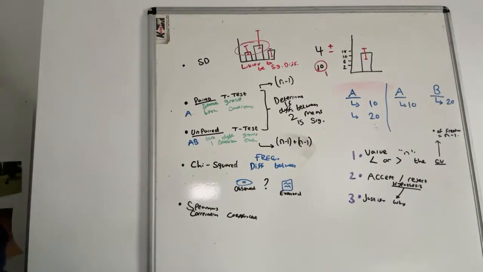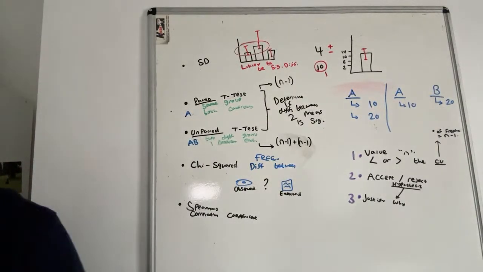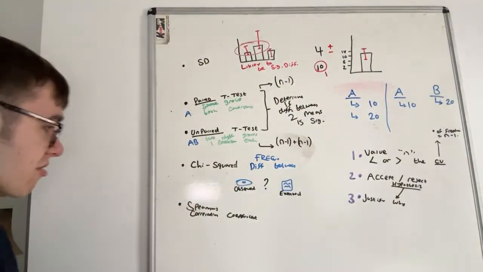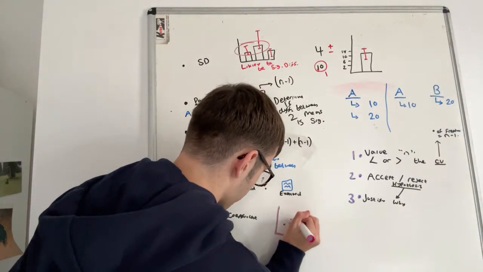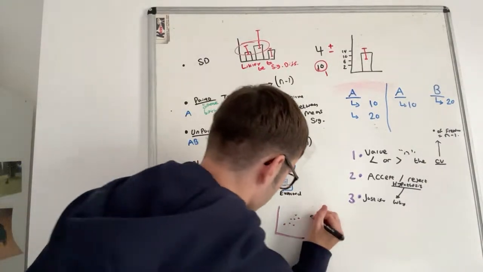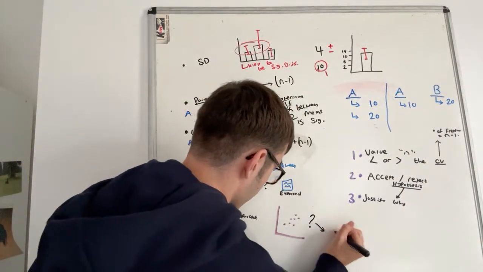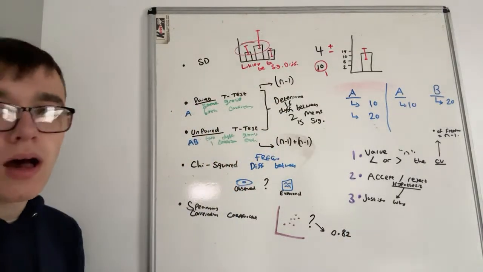And then finally, Spearman's rank correlation coefficient is probably the easiest one. This literally just tells us, like, is this significant? You know, that would obviously be like 0.82, for example.